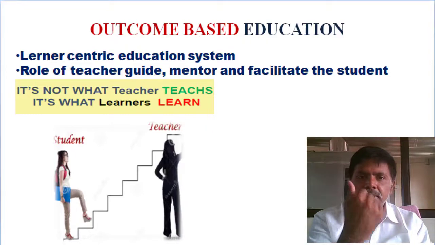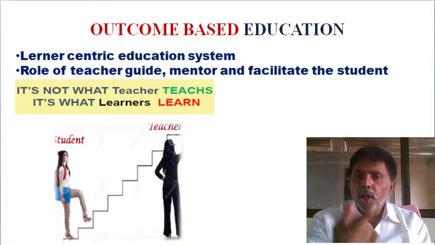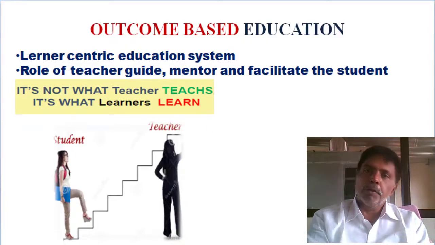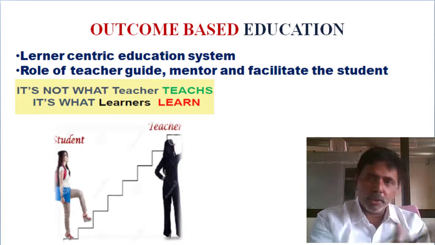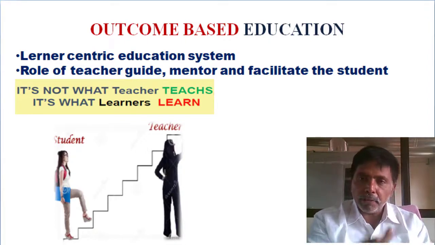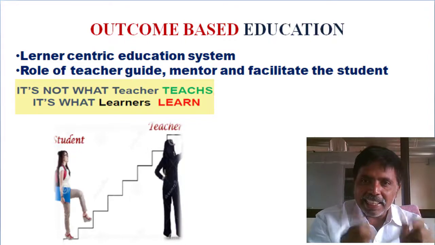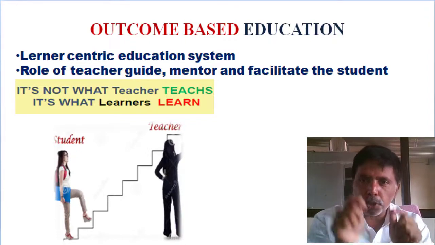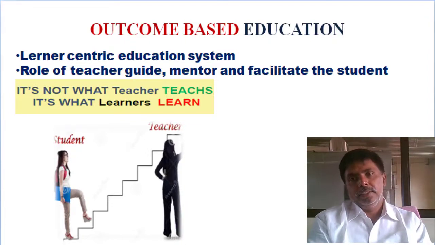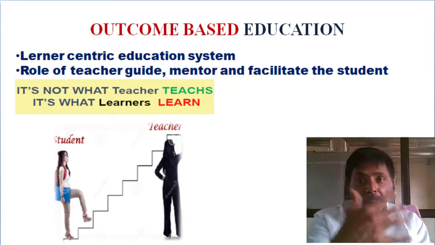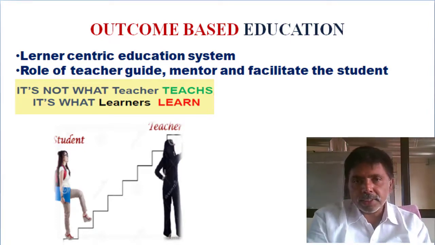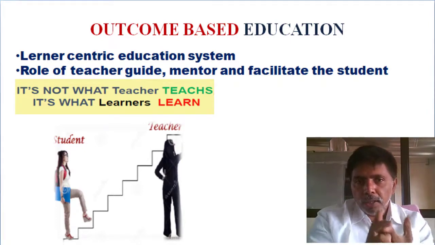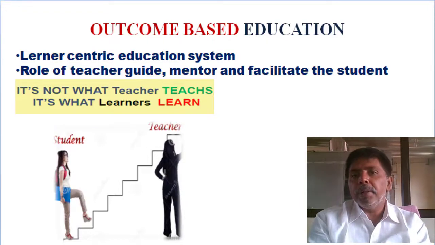What the teacher taught is not important; what the learner learned is. If the institute has highly qualified faculty, there is no issue, but whether that faculty is inculcating demonstration skills in the student or not is assessed by the committee. The role of the teacher is guide, mentor, and facilitator.